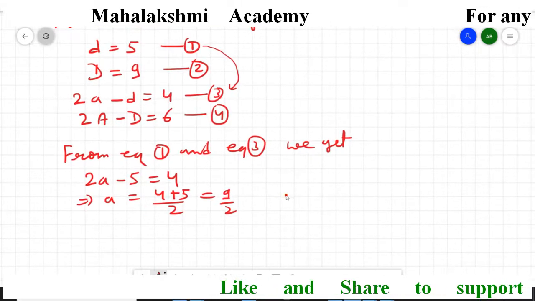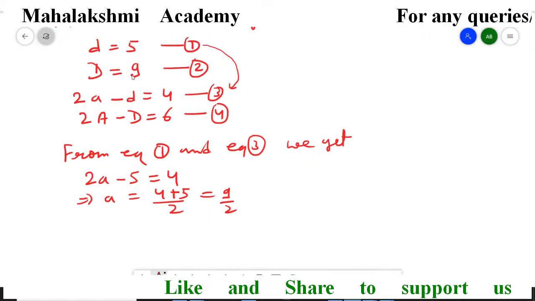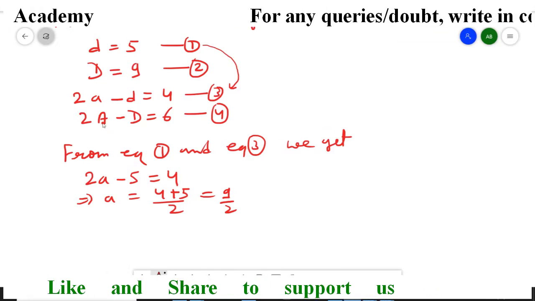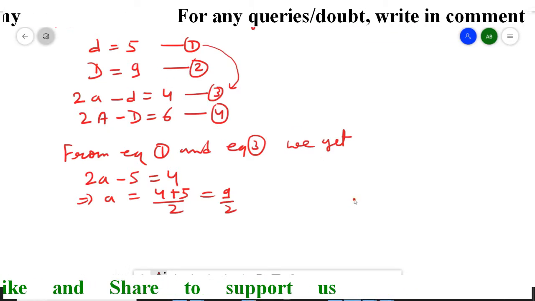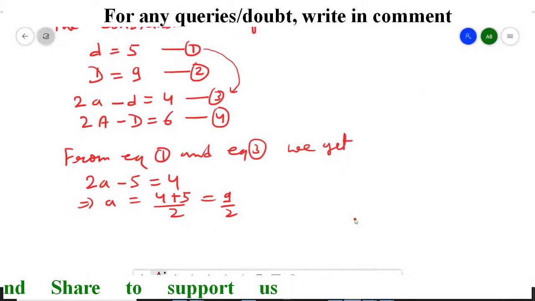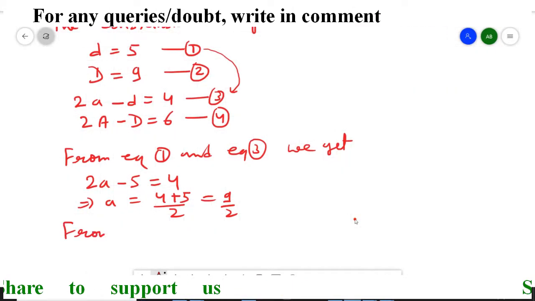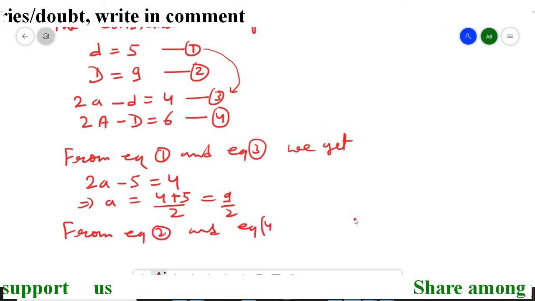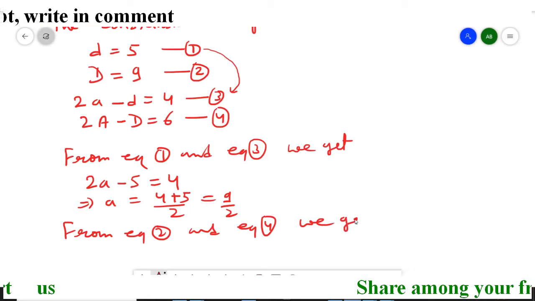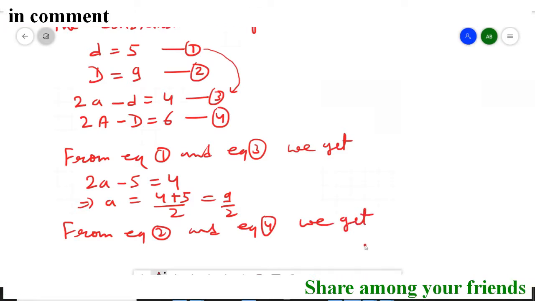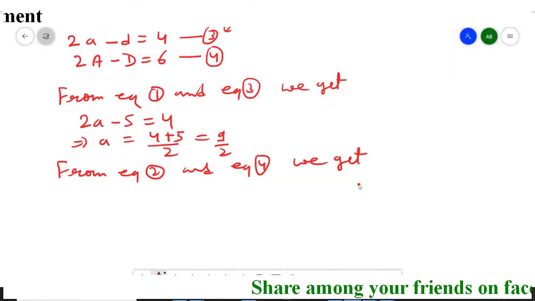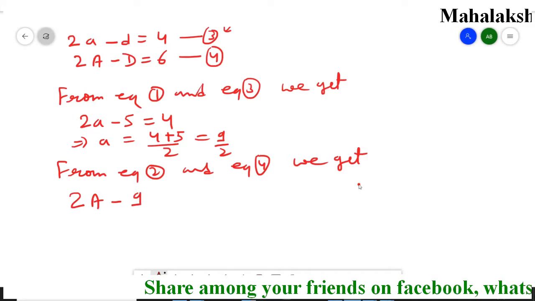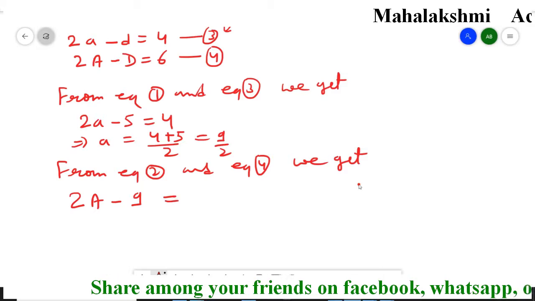In the same way, this capital D's value will replace here and we'll try to get the value of capital A, from equation 2 and 4. So we'll write it now. From equation 2 and equation 4 we get 2a minus D, where capital D is 9, which we calculated, upon 6.